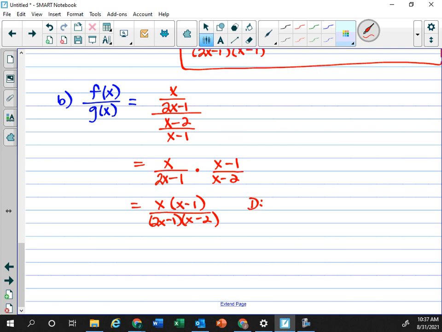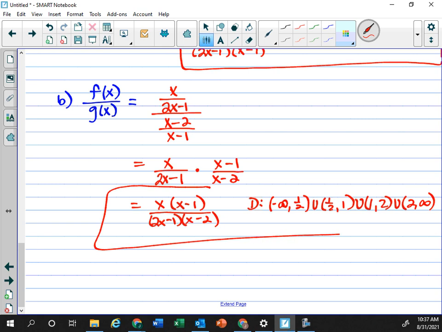So your domain is long. It's negative infinity to a half, to 1, 1 to 2, and then 2 to infinity. Okay? Questions there?